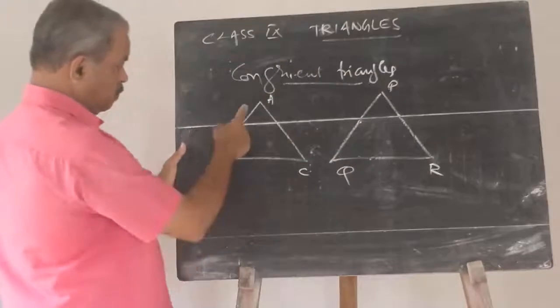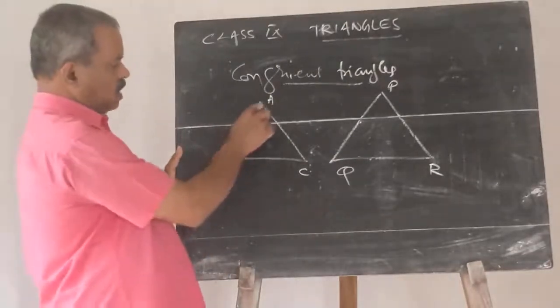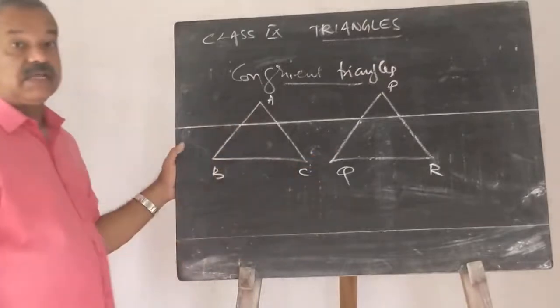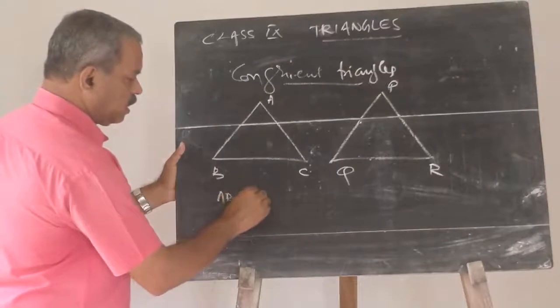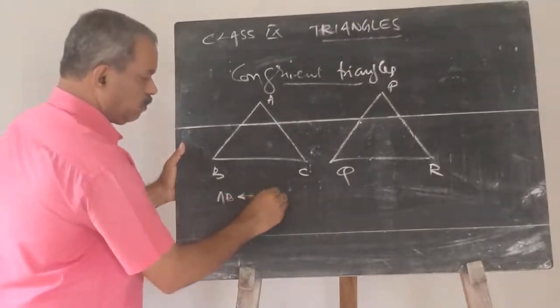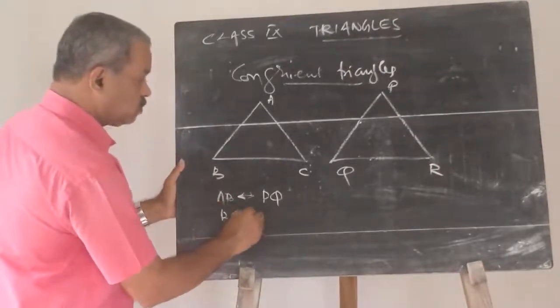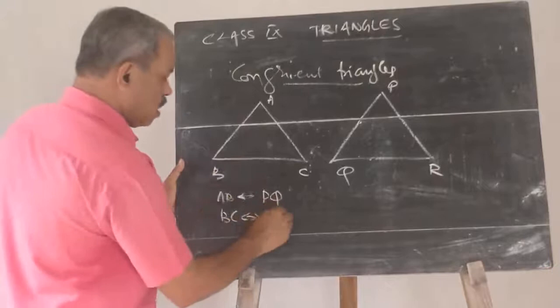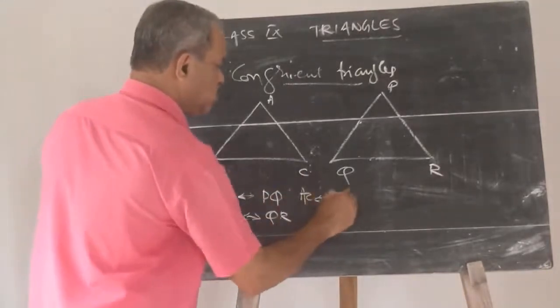That is, we can establish relation between three sides and three angles in this manner. Side AB corresponds to PQ. Side BC corresponds to QR. Side AC corresponds to PR.